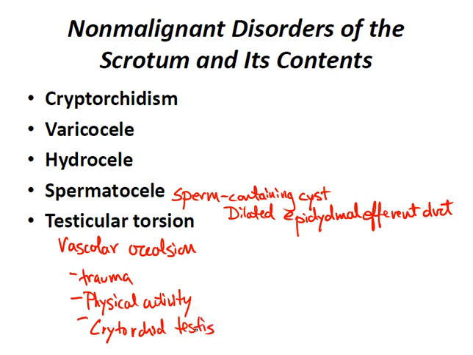The signs and symptoms of testicular torsion are sudden extreme pain, as you might imagine. The testicle is pulled up into the inguinal canal. So what test would I do to confirm a testicular torsion? Well, you would do the cremaster reflex, and what would I see? It would be absent. The cremasteric reflex would be absent in a testicular torsion.